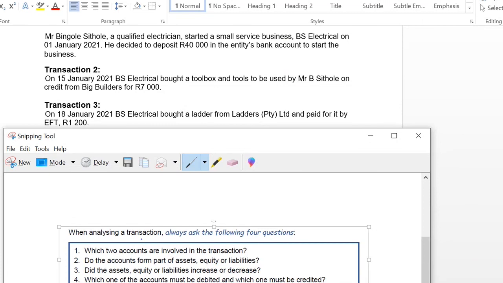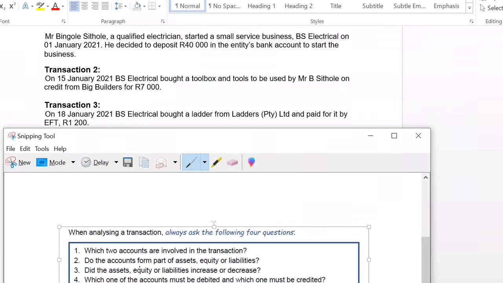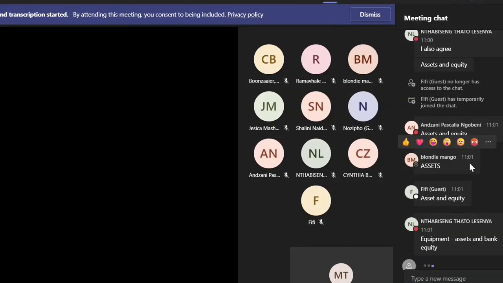And then the third one: did the asset, equity, liability increase or decrease? Did the asset, bank increase or decrease? I think it decreases. Going back to number two, do the accounts form part of asset, equity, and liability? Number two is assets, guys. Both are assets. Blondie is correct.